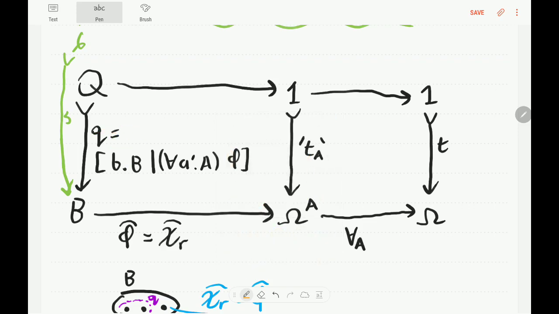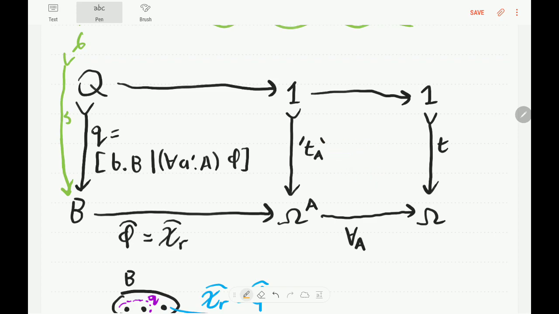So the point is that there's an alternative way to think of what this Q is. So like I say, we can think of Q as a sub-object classified by for all A chi R bar. But alternatively, we could say it's the pullback of the name of TA over chi of R bar. Why is this? Well, we know this square on the right is a pullback square.